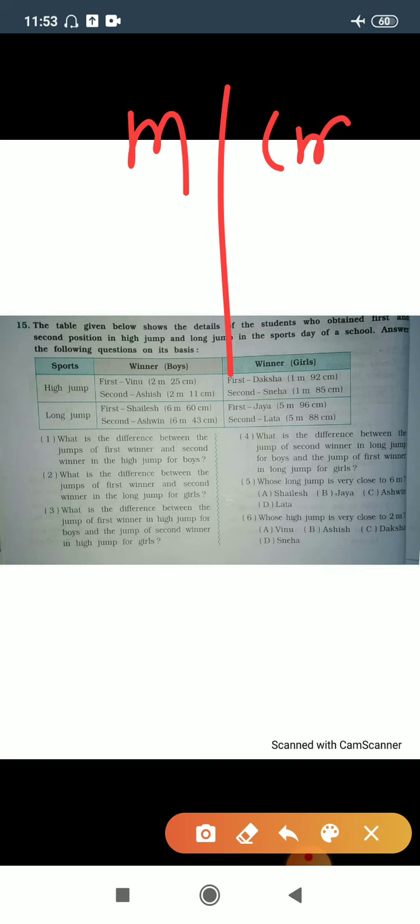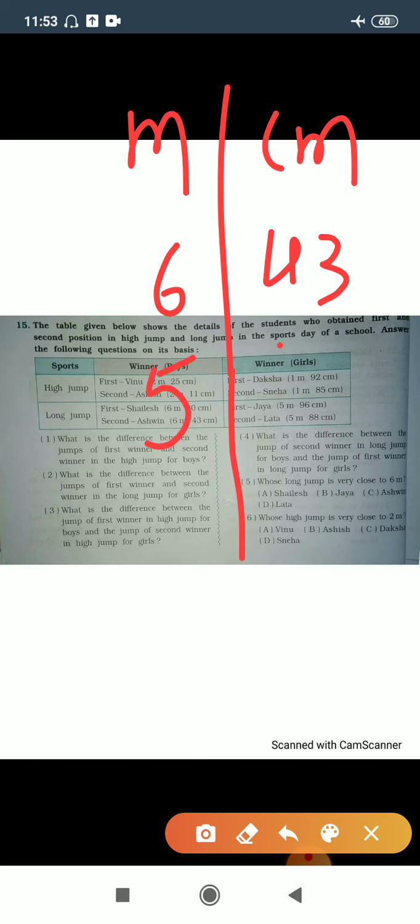So let's see. Ashwin's jump is 6 meter 43 centimeter, and the Jaya's jump is 5 meter 96 centimeter. So let's subtract. 3 minus 6 is not possible, so we'll cut this 3 and we'll write here 13. Now tell me, 13 minus 6 equals 7.